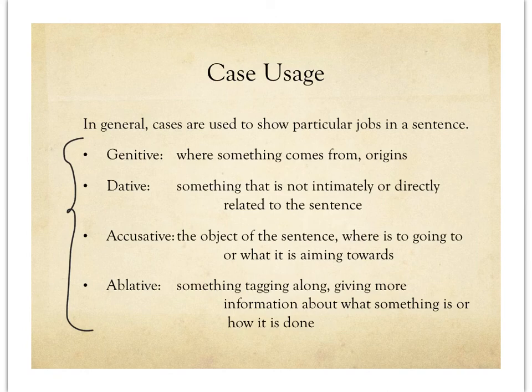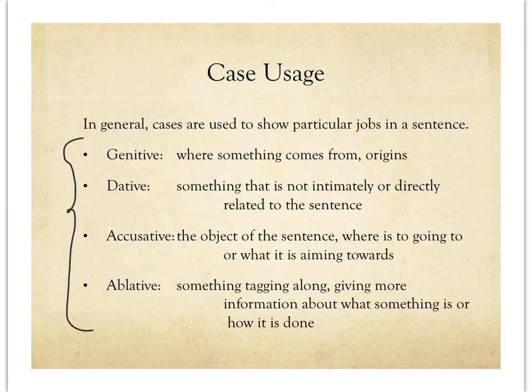The accusative is always the object of the sentence, or it is something that is what the sentence is aiming toward. So if you think about prepositions like ad and in, they take the accusative to show motion because they're going toward or to something. And that's why.